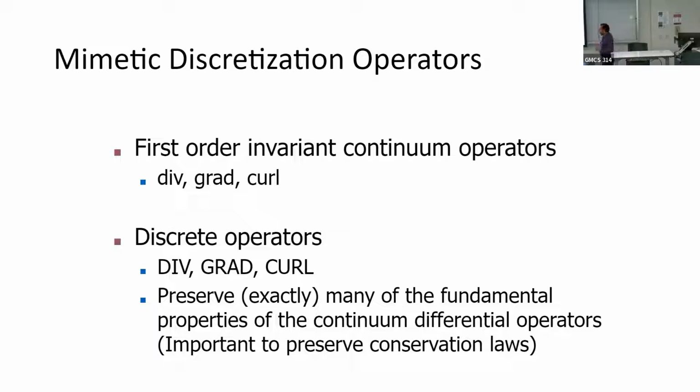The philosophy in what we call mimetic methods is totally different. We actually don't discretize the equation. What we do is construct discrete operators: divergence, gradient, and curl. They're called mimetic because they mimic the properties of the continuum operators, and they satisfy, in the discrete sense, the same properties that the continuum operators do.